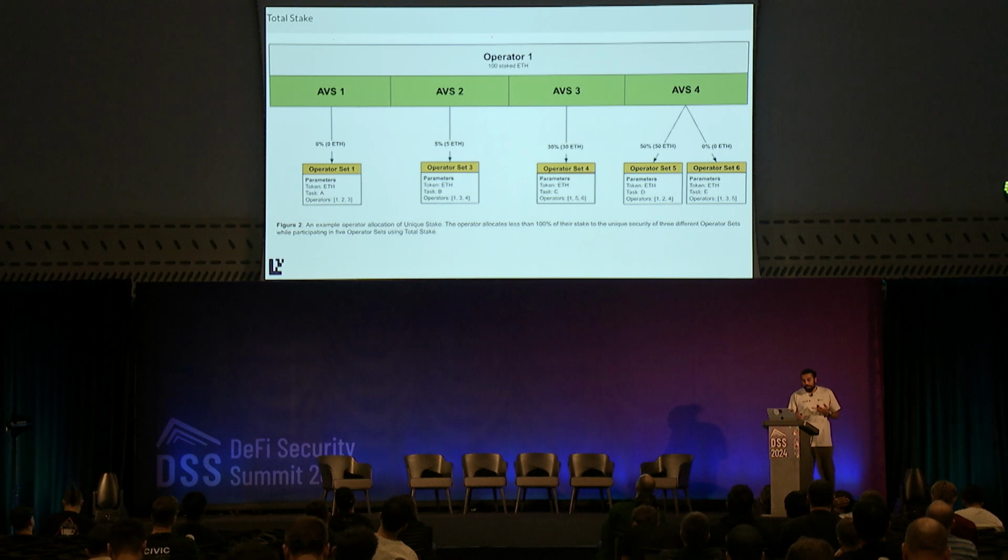So total stake, right? So this is an operator 1 with 100 ETH staked. This is an example of operator allocation of unique stake. An operator can allocate less than 100% of their stake. You can see that the operator allocates 50% of their stake to AVS 4 on operator set 5, AVS 3 gets 30% of their ETH, which is operator set 4, operator set 3 gets 5%, and operator set 1 gets 0.